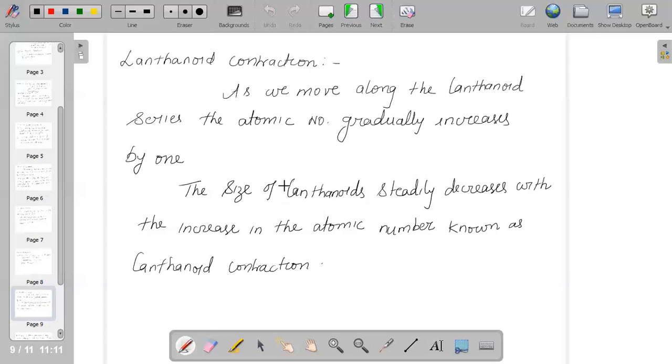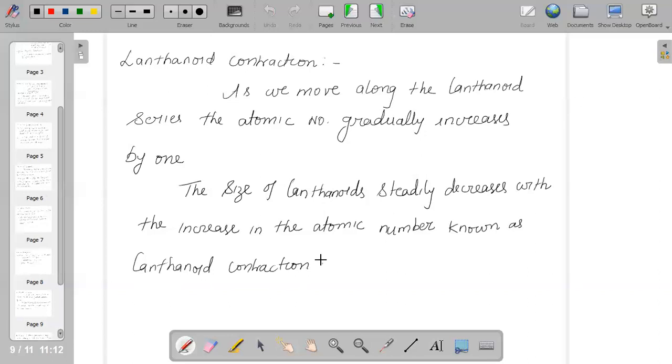Hence the size of lanthanoids steadily decreases with the increase in atomic number, and that phenomenon we call lanthanoid contraction.